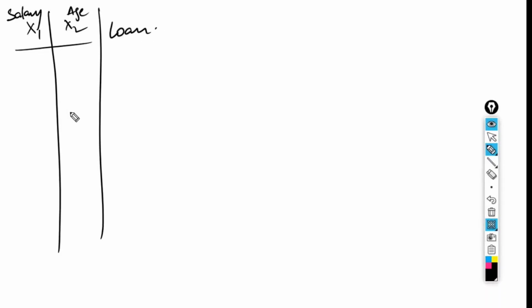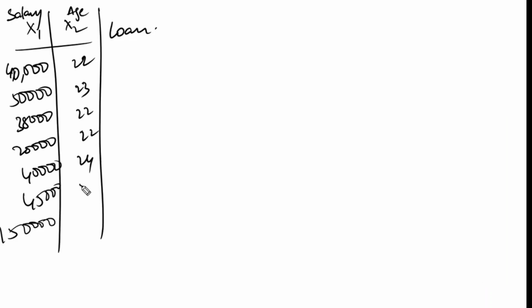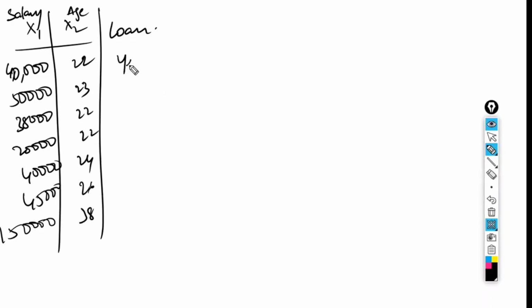Salary of a person is 40,000 per month, 50,000, 38,000, 20,000, 40,000, 45,000, 1,50,000. And the age of the person is 22, 23, 22, 22, 24, 26, 38. Then the output: yes, yes, no, yes, no, yes, no. This is the dataset.